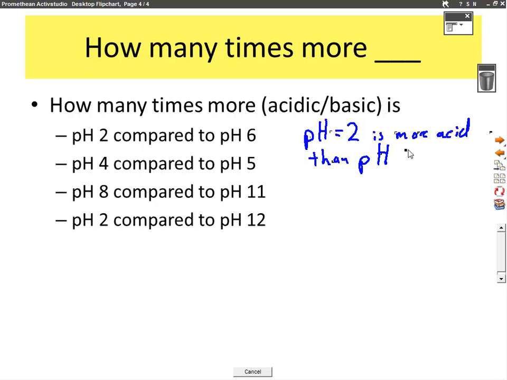How many powers of 10 are we different? What's the difference between 2 and 6? So I'm 10 to the 4 times more acidic. That is 10,000 times more acidic.